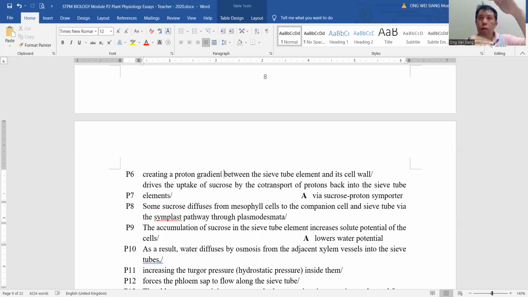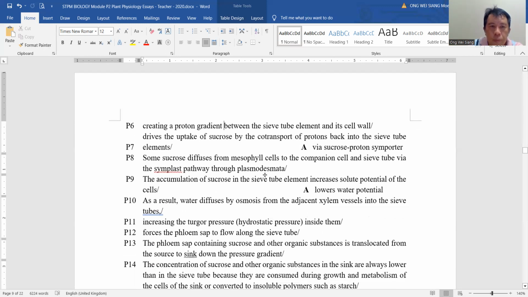This creates a proton gradient between the cell wall and the sieve element. So the protons have the tendency to bind to the co-transporter, or we call it the symporter, because they move in the same direction as well. Then the sucrose will bind to the co-transporter as well. Then they diffuse down the concentration gradient.